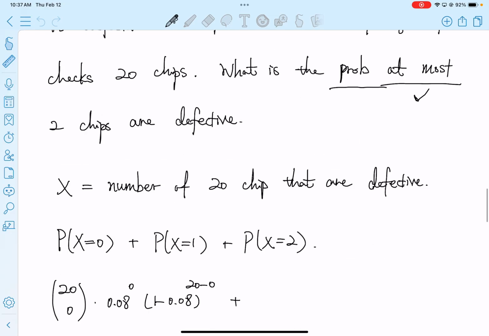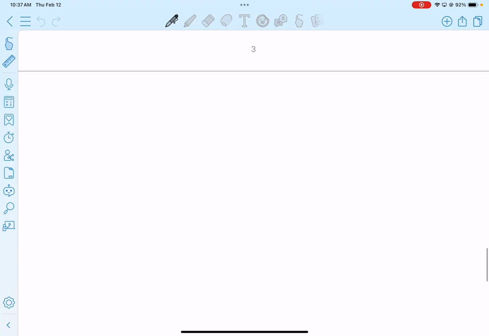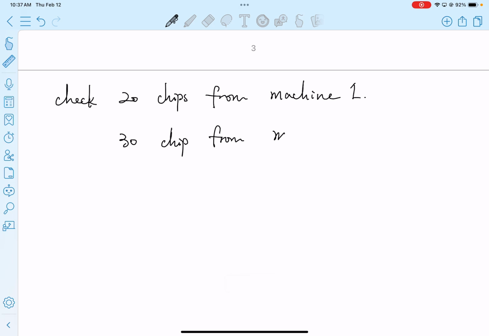So now let me ask a follow-up question. This is one inspector checking from 20 chips. Okay, what if the same inspector not only checks 20 chips from, let's say, machine 1, but also checks 30 chips from machine 2?